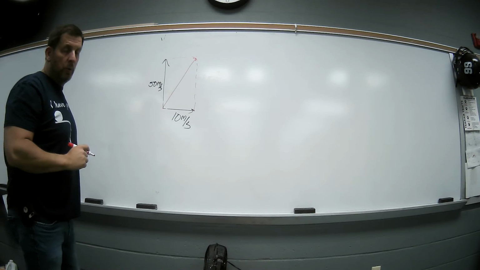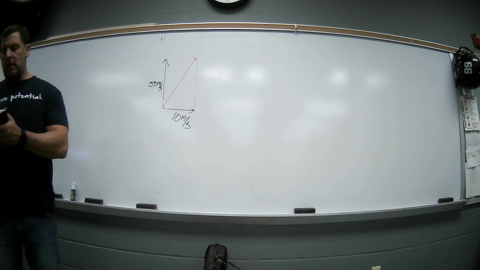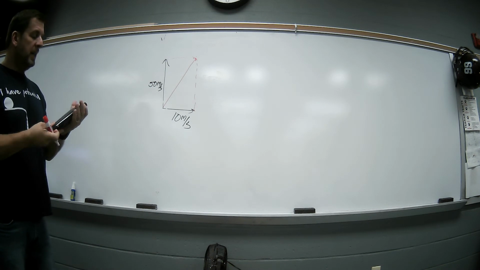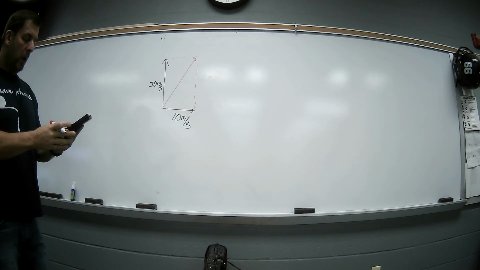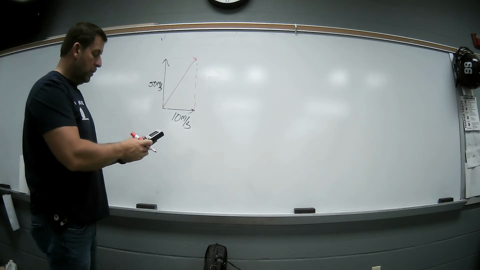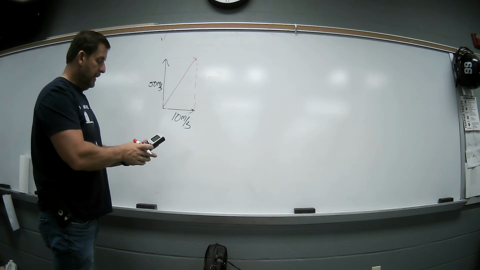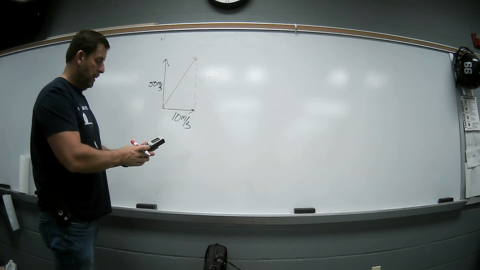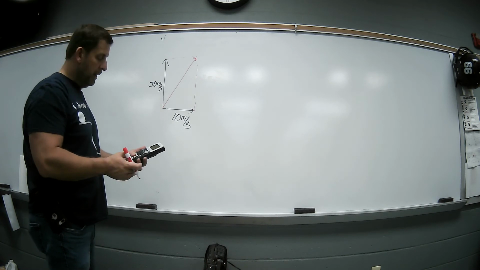So here's what I want to do. Since it's a square, we can do Pythagorean's theorem on this. So what I'm going to do is 50 squared plus 10 squared equals, I get 2,600 doing Pythagorean's theorem.